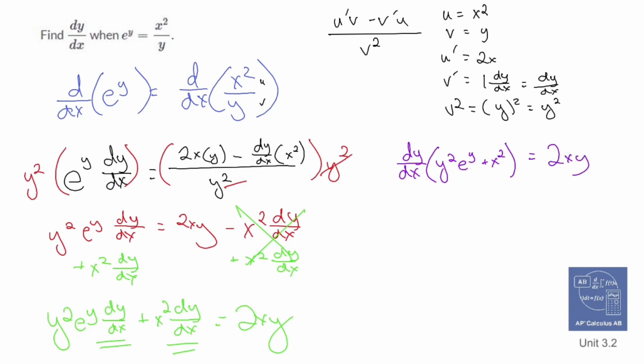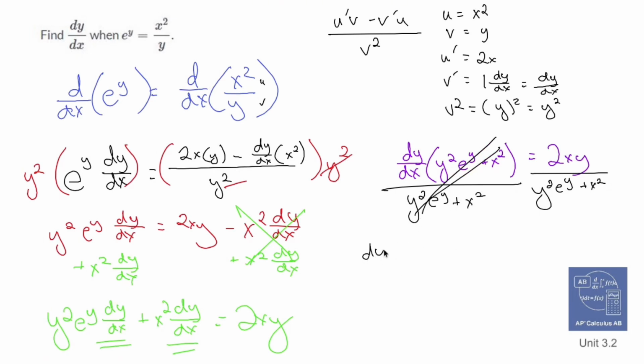Let's divide everything by y squared e to the y plus x squared. And I'm left with dy/dx equals 2xy over y squared e to the y plus x squared.